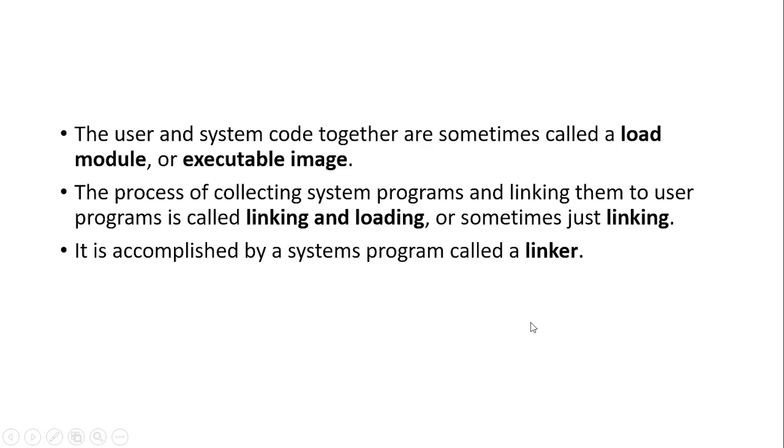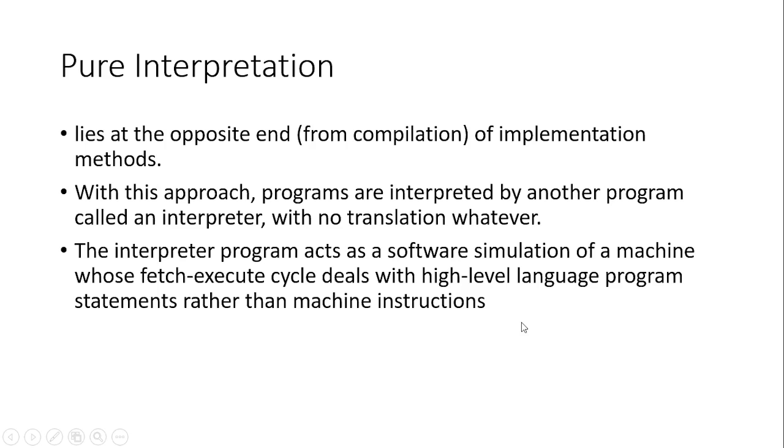And this is the case with compilation, and we have pure interpretation also. So pure interpretation lies at the opposite end from compilation of implementation methods. With this approach, programs are interpreted by another program called an interpreter, with no translation whatever. The interpreter program acts as a software simulation of a machine whose fetch-execute cycle deals with high-level language program statements rather than machine instructions.